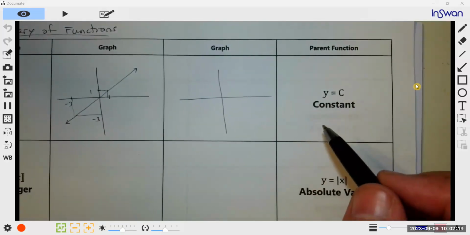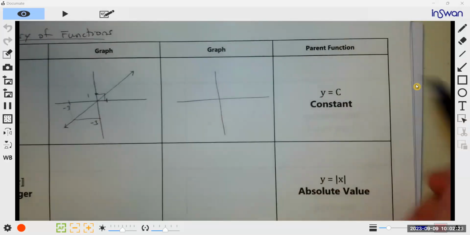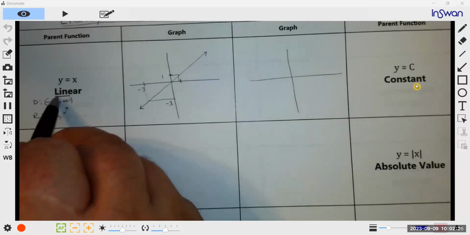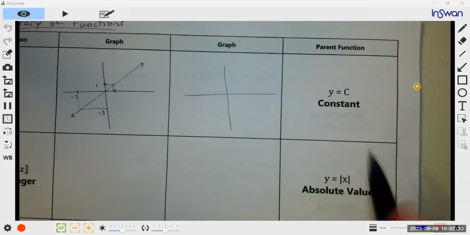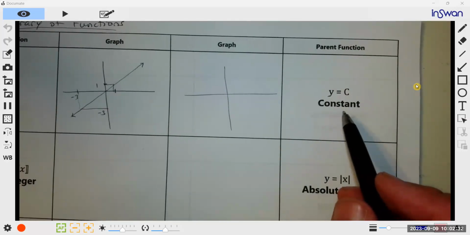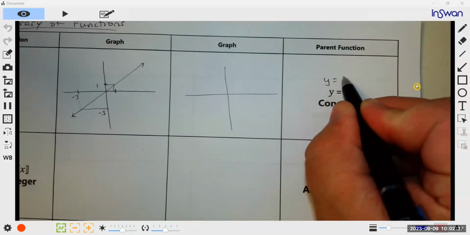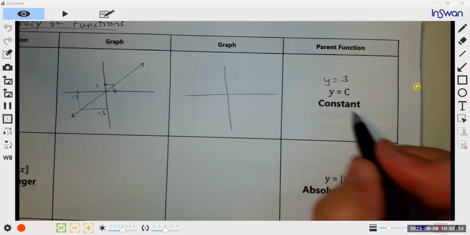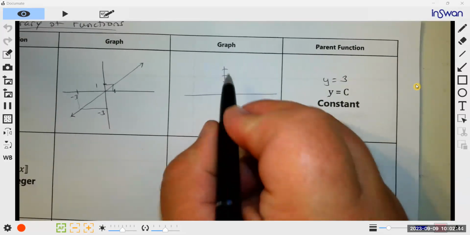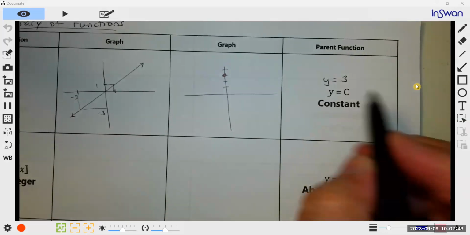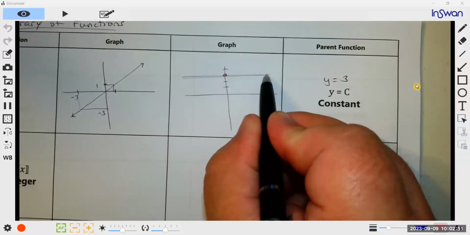This is a little bit different. It's also a linear equation, which simply means it's a line. So it draws a straight line. This one draws a line also, but it's of a number. For example, let's say y equals 3. It's a constant function. There aren't any x's, so no matter what x you give me, it's always going to be this.